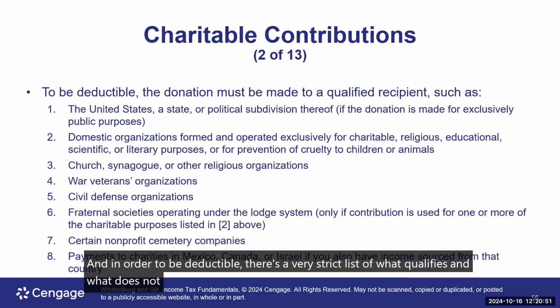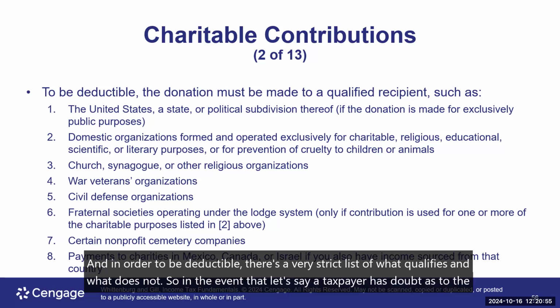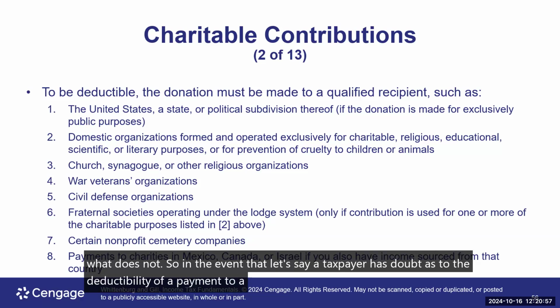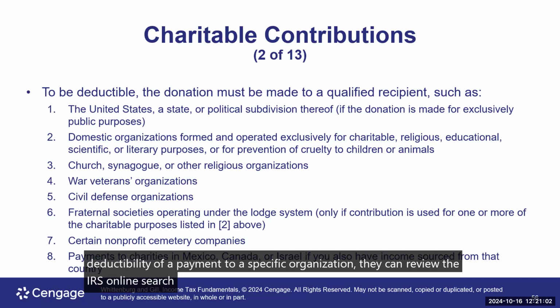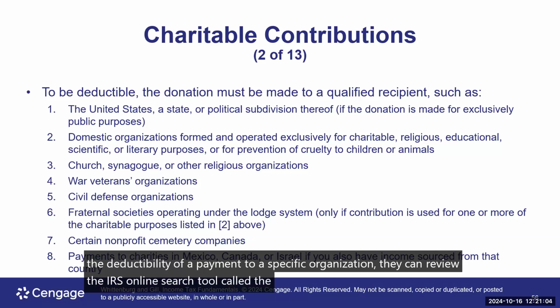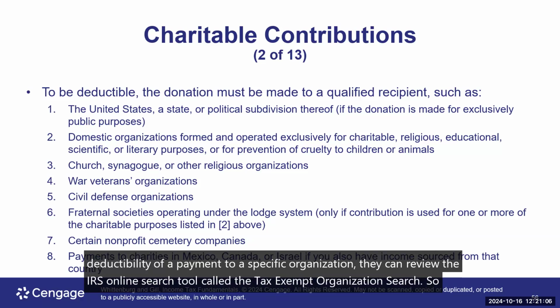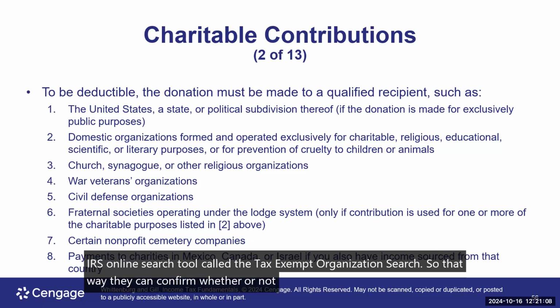In the event that a taxpayer has doubt as to the deductibility of a payment to a specific organization, they can review the IRS's online search tool called the Tax Exempt Organization Search, so they can confirm whether or not the amount can be deducted.